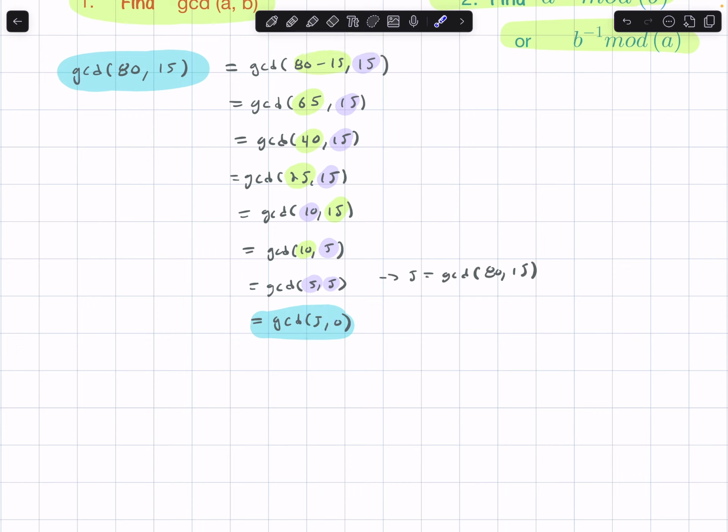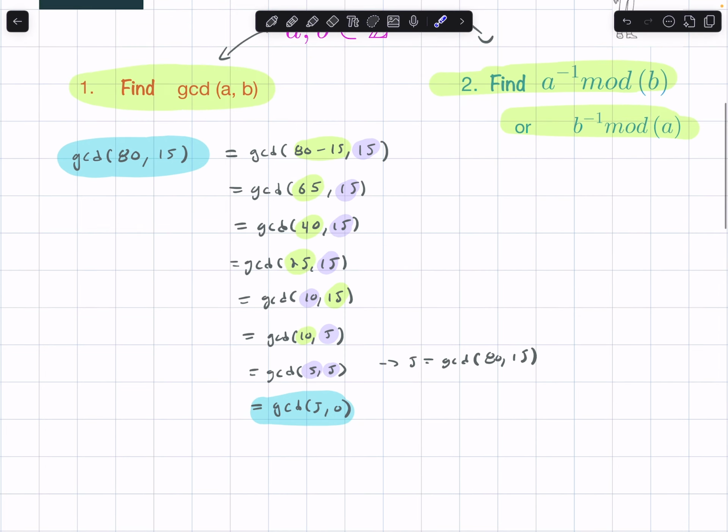So technically, we would see that 5 is the GCD of 5 and 0. The point of putting this in is to understand that there's going to be a step in the big Euclidean algorithm where you hit a 0 and then you stop and go back to the previous step. And the last non-zero number, 5, would be the GCD.